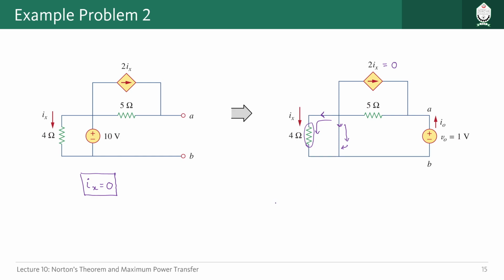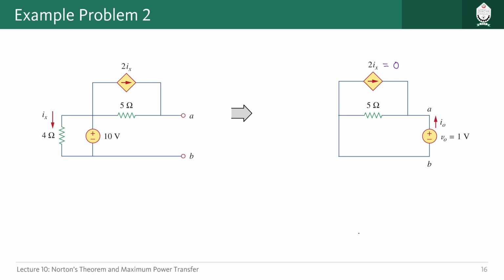If this is the situation, now we can start solving our problem. So now we will modify the circuit as we have described. Here you see we have omitted the 5 ohm resistor, as no current is flowing in this path, and also we have found out the value of Ix, which is 0. So 2Ix should also be equal to 0.